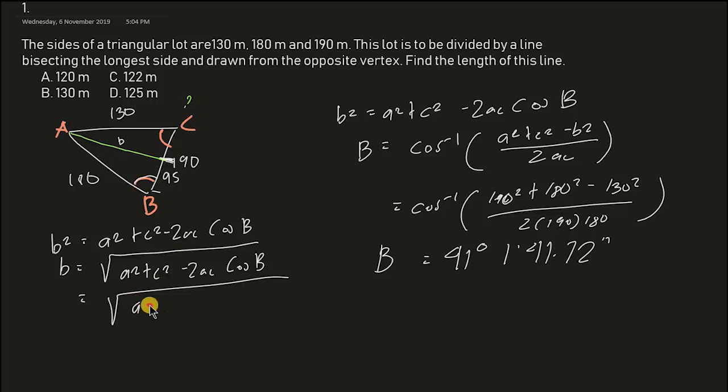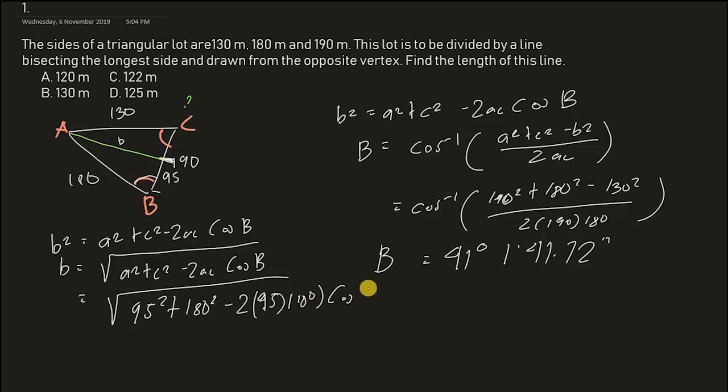So, that would be 95 squared plus C squared is ito. That would be equal to 180 squared minus 2 times 95 times 180 times, okay, 2AC, tama.